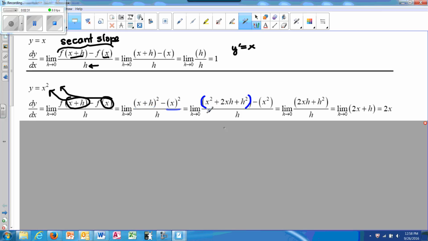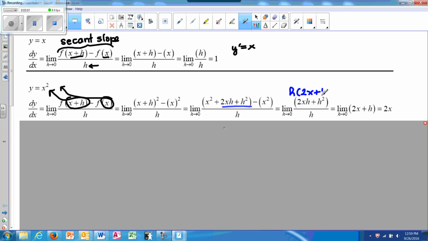Now if we distribute out, in this case we can FOIL since it's a quadratic, the left-hand portion becomes x squared plus 2xh plus h squared. That corresponds to this x plus h quantity squared. We still have the minus x squared part. Now the x squared and the minus x squared cancel, leaving us with 2xh plus h squared.